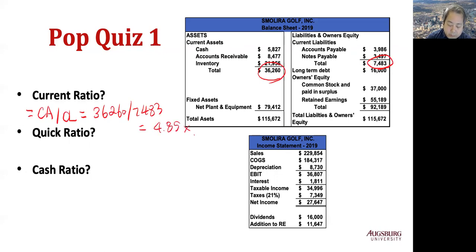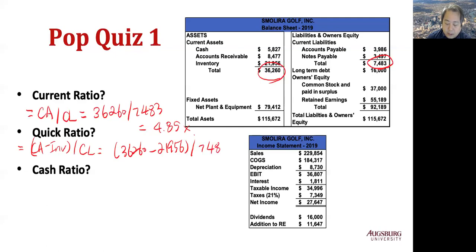Quick ratio: current asset minus inventory divided by current liability. So current asset 36,260 minus inventory 21,956 divided by 7,483, 1.91 times.